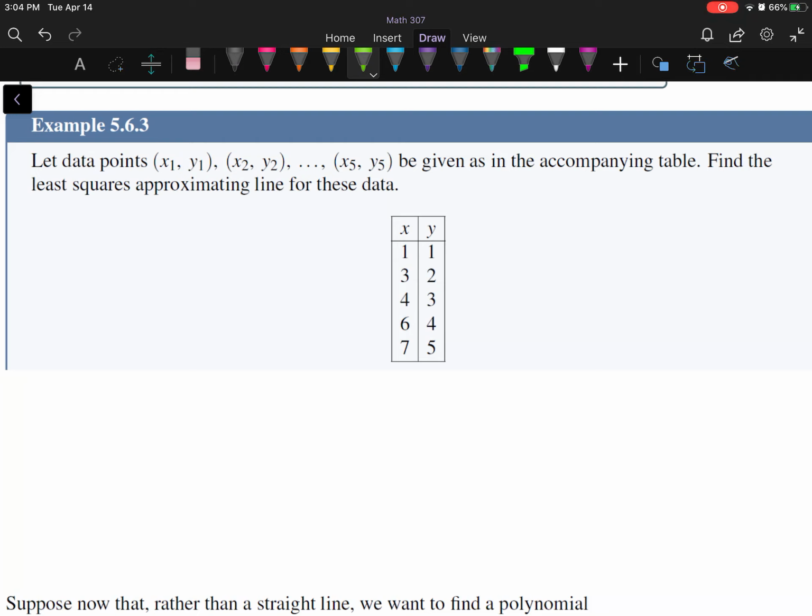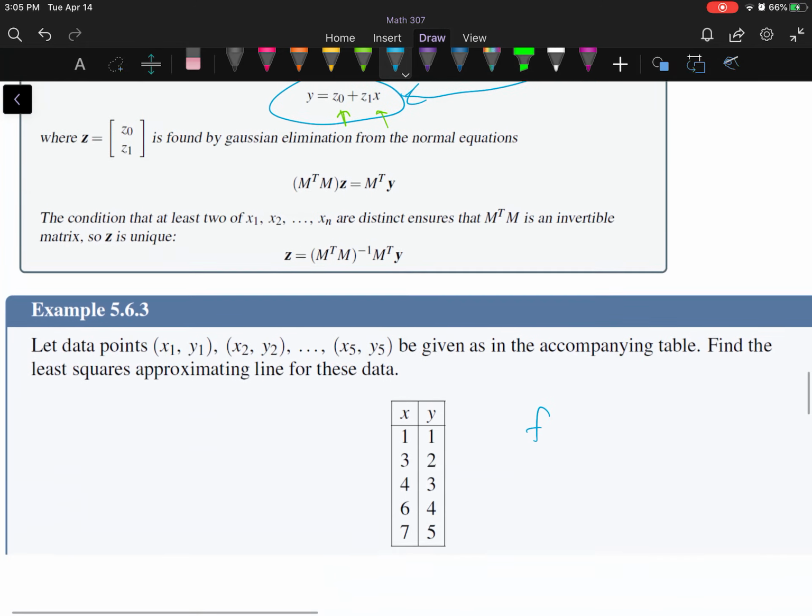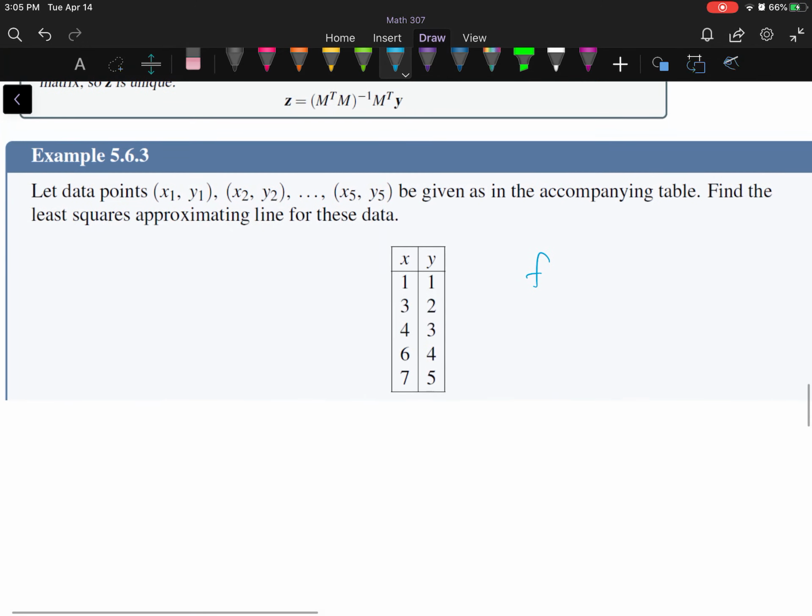You could use this theorem as a template for solving this kind of problem, if you are a person who likes to have a form and then plug things into the form.